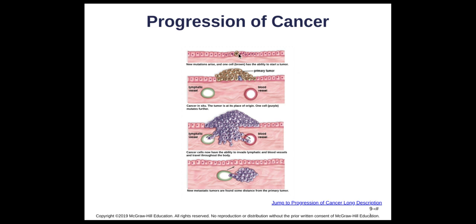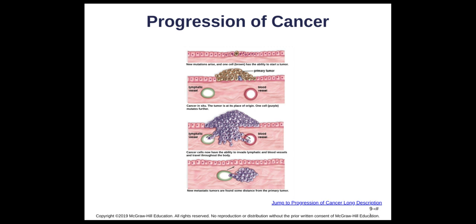So normally the cell will just stop and it won't make more. But somehow this cell got hit with a dose of UV or X-ray. This cell had something happen to introduce a mutation. Then that cell is going to not be able to stop going through the cell cycle.